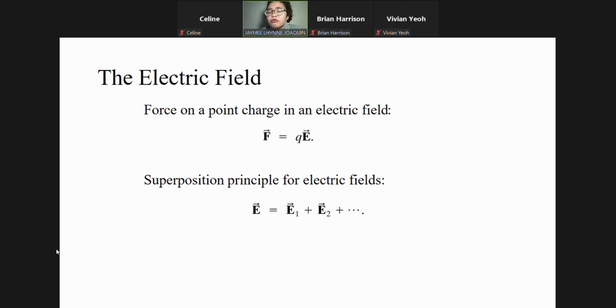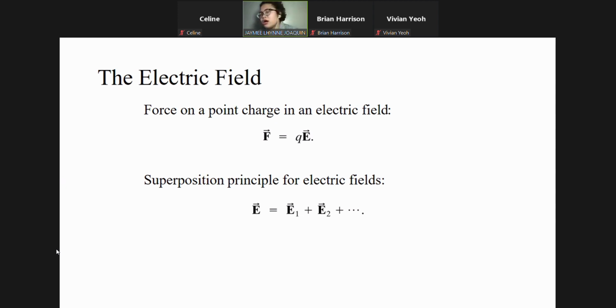So for superposition principle, you need to get the total number of electric fields involved in the process, or in the movement of the object. So for you to get the totality of all the electric fields, what you need to do is just to add them all.